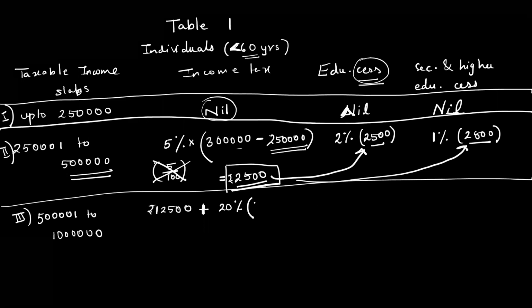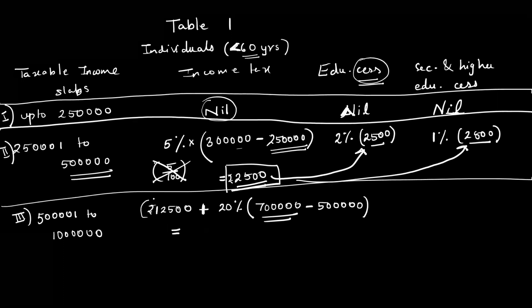Let us say in this case you are earning 7 lakhs. Okay. This is an example. So जो आप लोग 7 lakh earn कर रहे हो, it is between 5 and 10 lakhs. Minus 5 lakhs. Okay. तो ये कैलकुलेट करके जो भी आएगा, that will be your income tax.